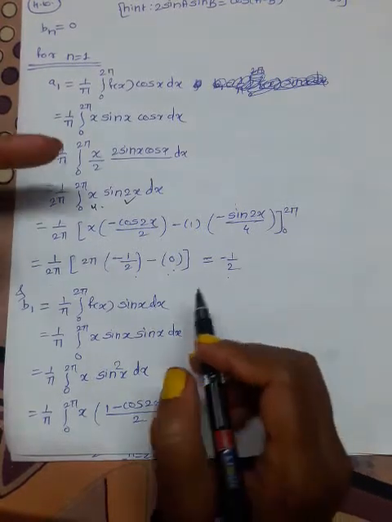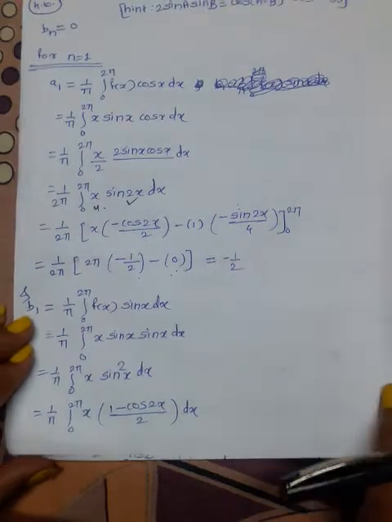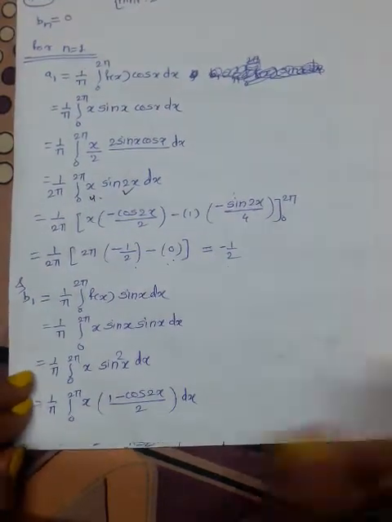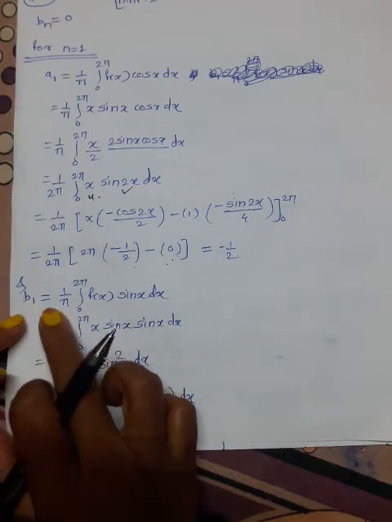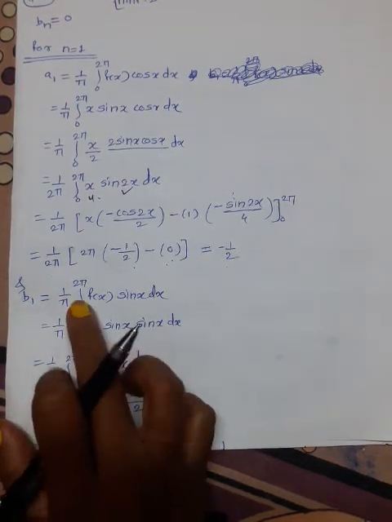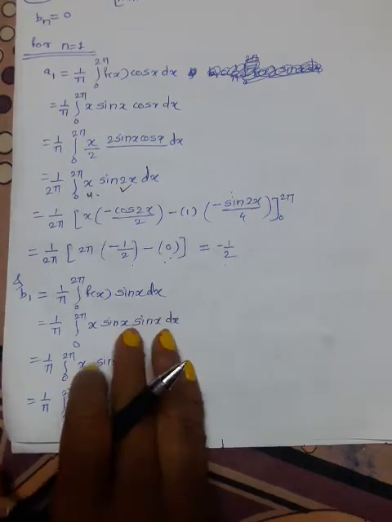Now we have to calculate B1 also, because in the second series summation, Bn is there. Therefore Bn, put the value of n is equal to 1, we get B1 is equal to 1 upon pi integration 0 to 2 pi f(x) sine x only dx. Okay, how we get it?